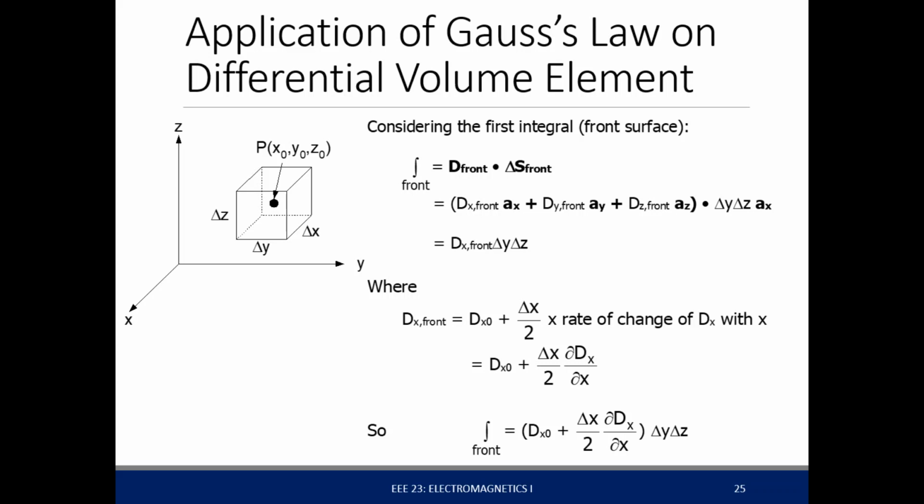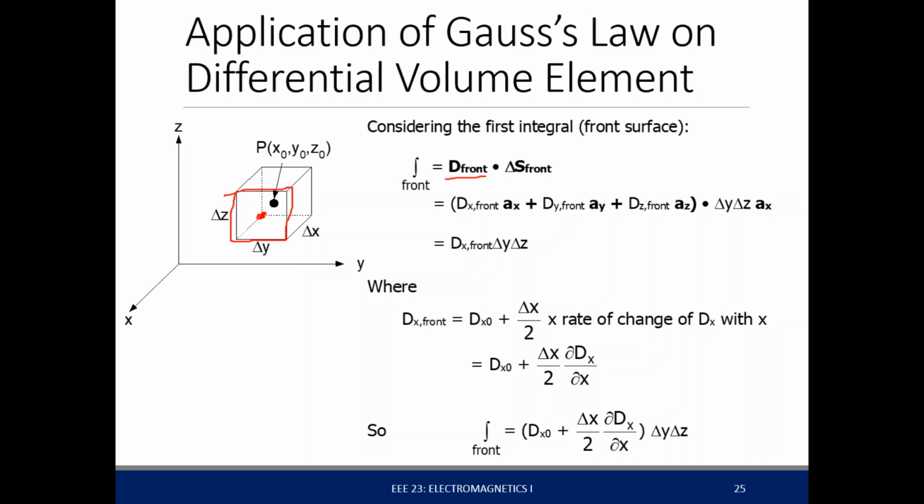Now let's look at one component of the flux. Let's look at the front component. That's just basically the flux density at the front, right here, some distance away from P, dotted to the total area of this face, which is the front.